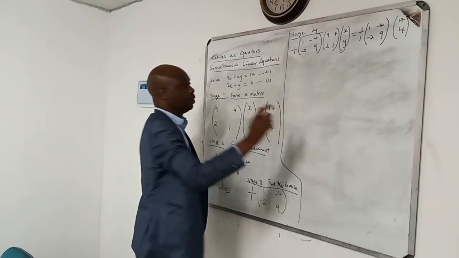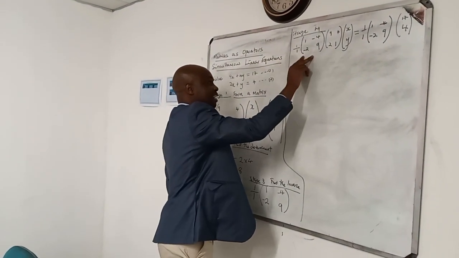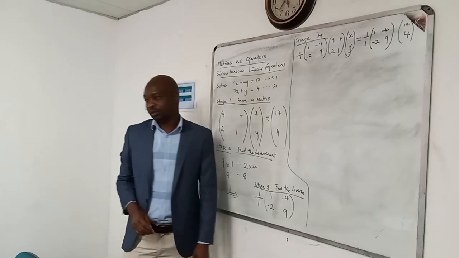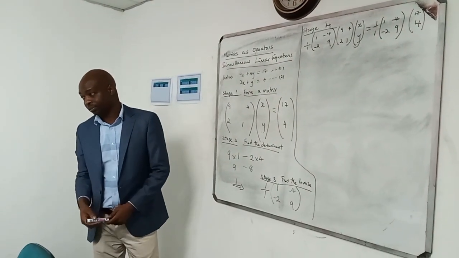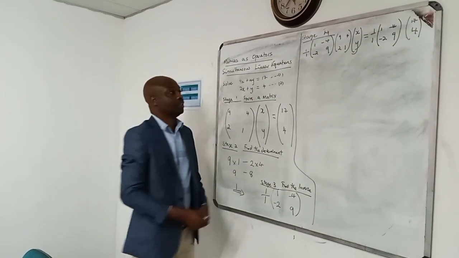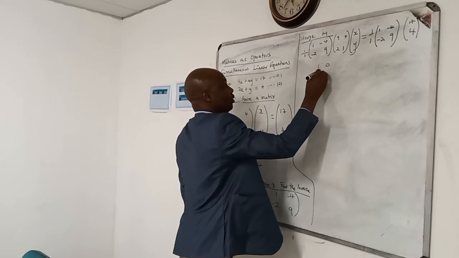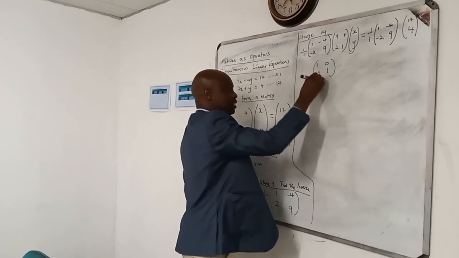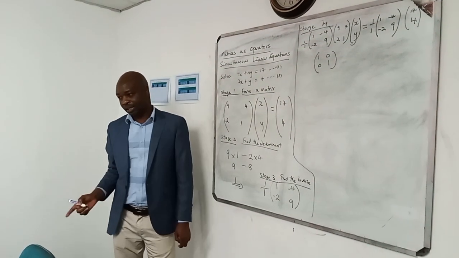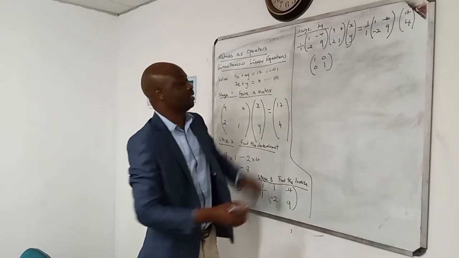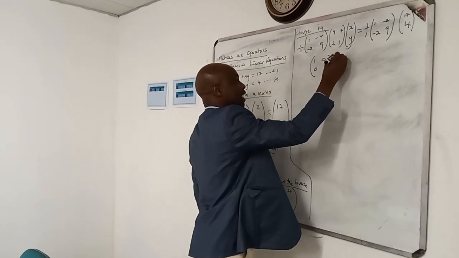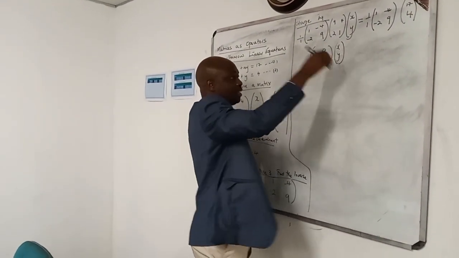So what do we get if we multiply an inverse by its original matrix? We get 1, 0, 0, 1, which is an identity matrix. And if you take an identity matrix and multiply it by any matrix, you get that same matrix.